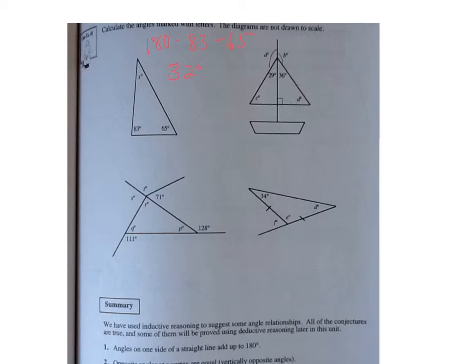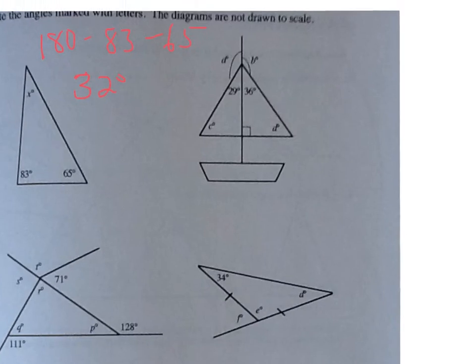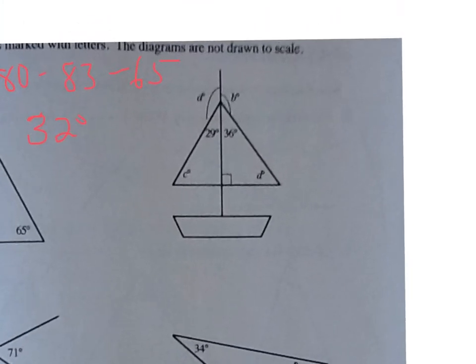In this angle, this needs to add up to 180, so this is actually 180 minus 29, which will equal 151. Same thing for that: 180 minus 36 is equal to 144.